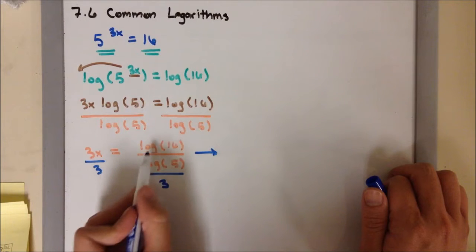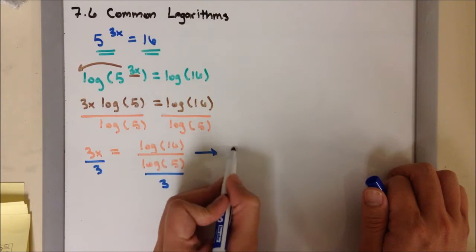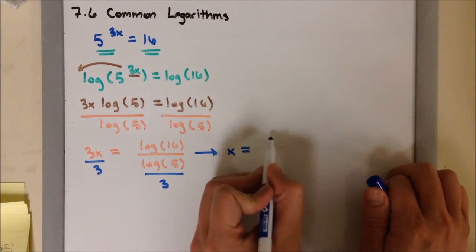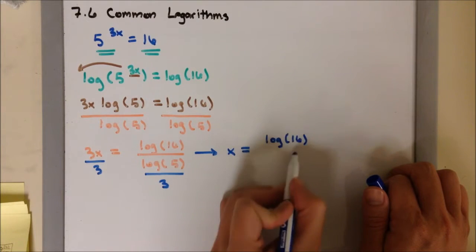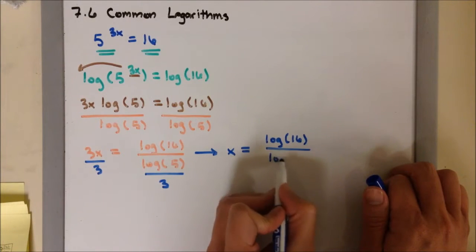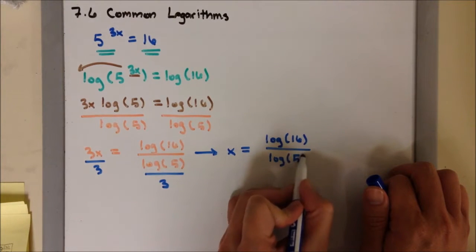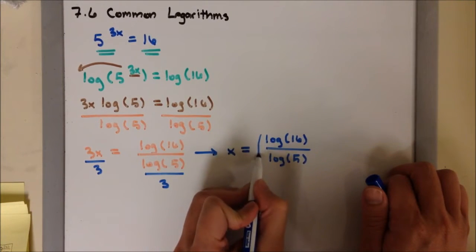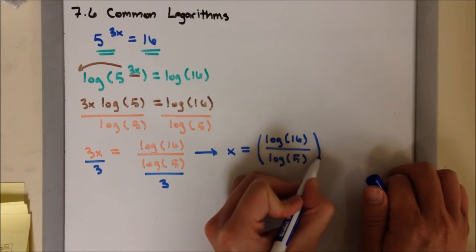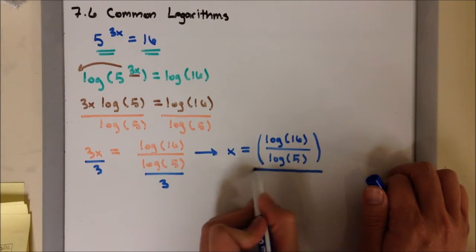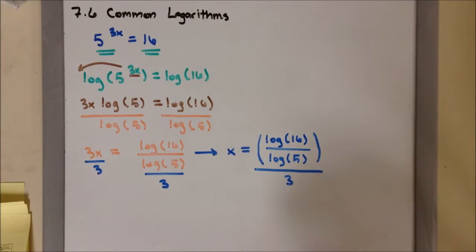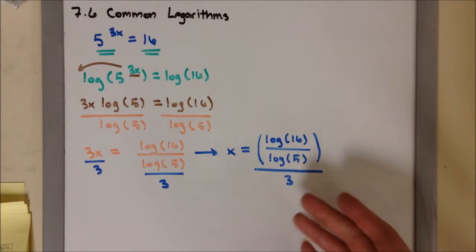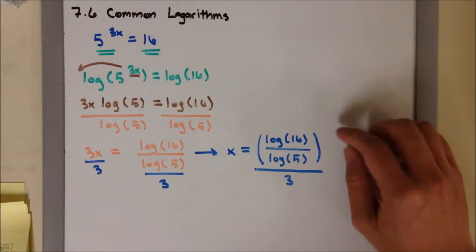Since I actually have a fraction in the top part, x is equal to log of 16 over log of 5, this whole part in parentheses, over 3. And that's what it would be if you're just simply solving for x without a calculator.